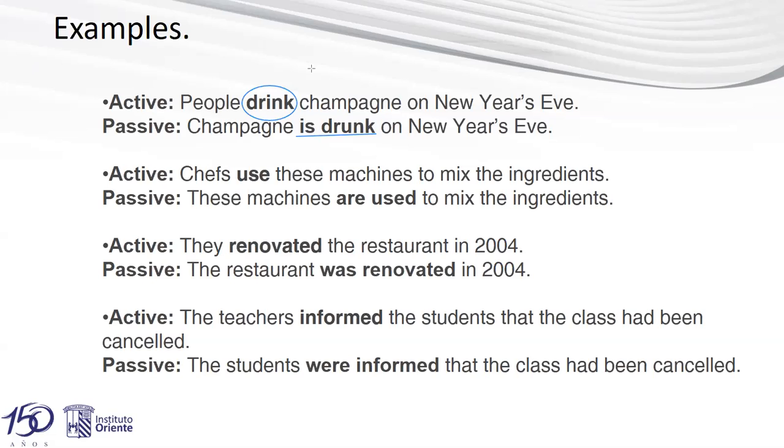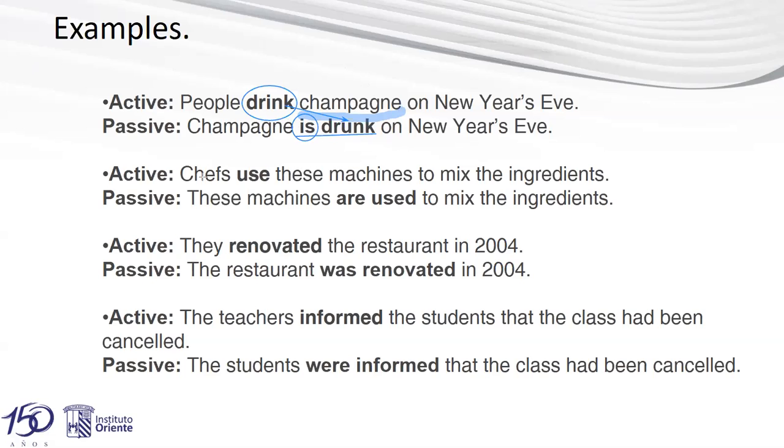Is because the verb is at present and the past participle of the verb drink is drunk. Why is? Because champagne is singular. Okay? You have to notice this one. Champagne. Okay, guys? Yes? Okay.